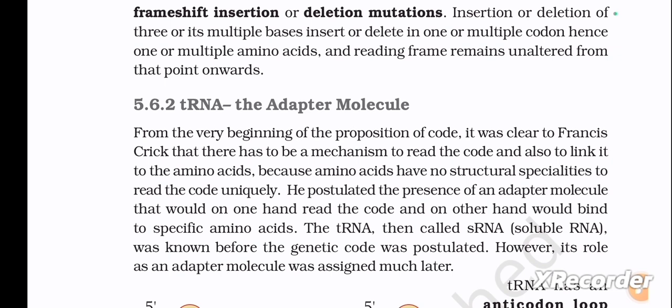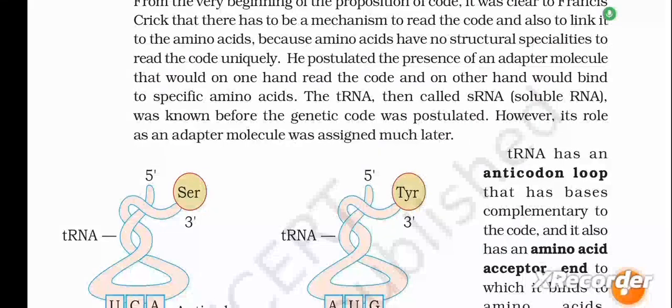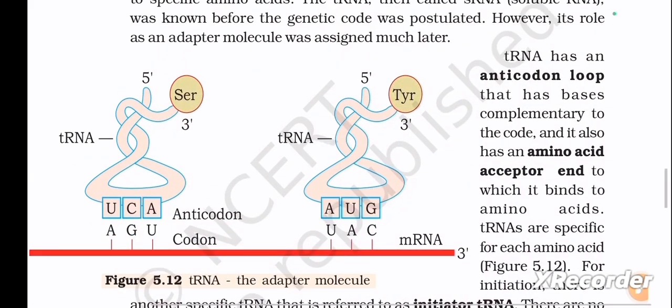So he postulated the presence of an adapter molecule that would on one hand read the code and on the other hand would bind to specific amino acids. The tRNA, then called sRNA, soluble RNA, was known before the genetic code was postulated. However, its role as an adapter molecule was assigned much later. tRNA has an anticodon loop.